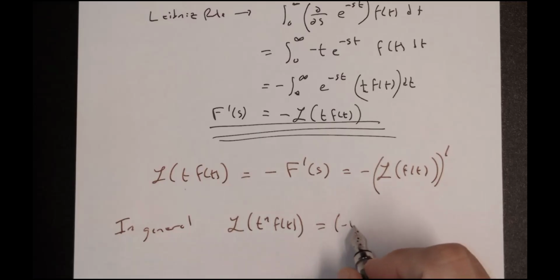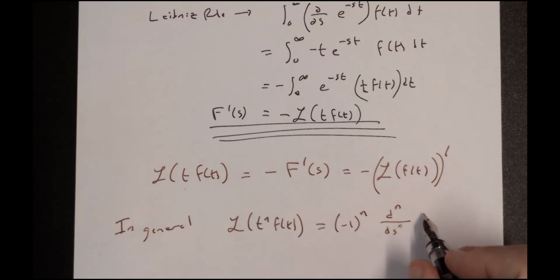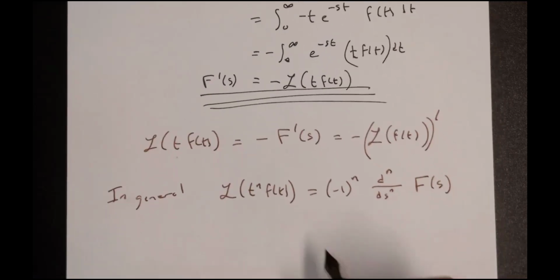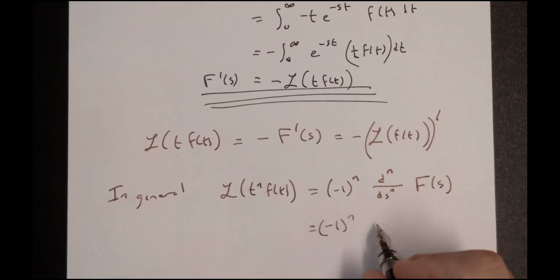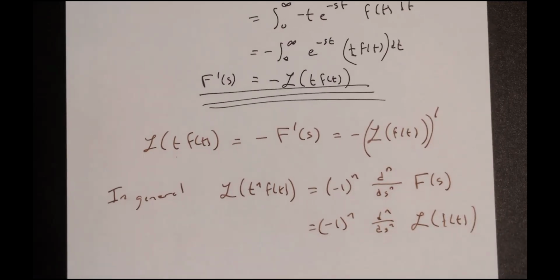I'm going to get a minus 1 to the n, and then I'm going to take the nth derivative with respect to s of F of s. Minus 1 to the n times the nth derivative of the Laplace transform of just ordinary f of t. All of the t to the n part goes away.